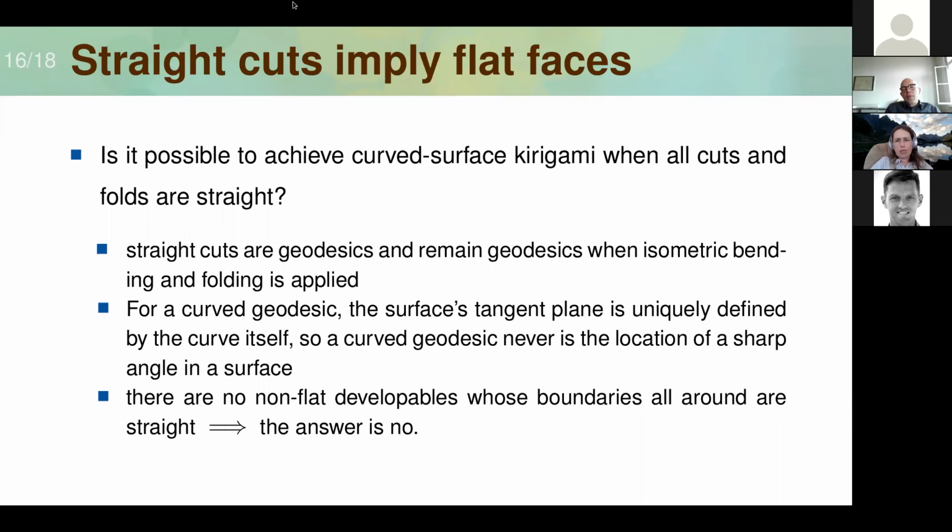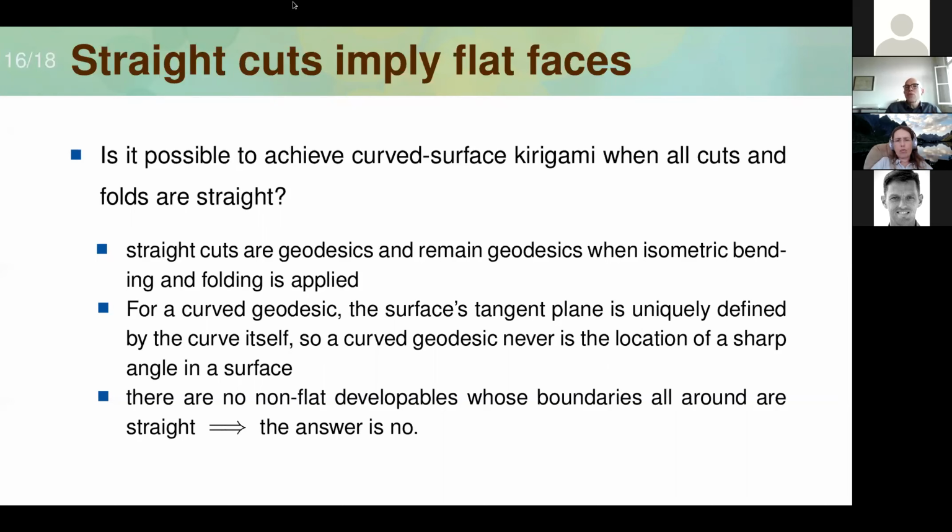And we know from differential geometry the properties of geodesics. If the geodesic is a curve, if it's not straight, then it has an osculating plane, and the osculating plane is orthogonal to the tangent plane of the surface. So you can say that the surface's tangent plane is uniquely defined by the curve itself. So such a curved geodesic can never be the location of a sharp angle in the surface, because the tangent plane is determined by the curve.